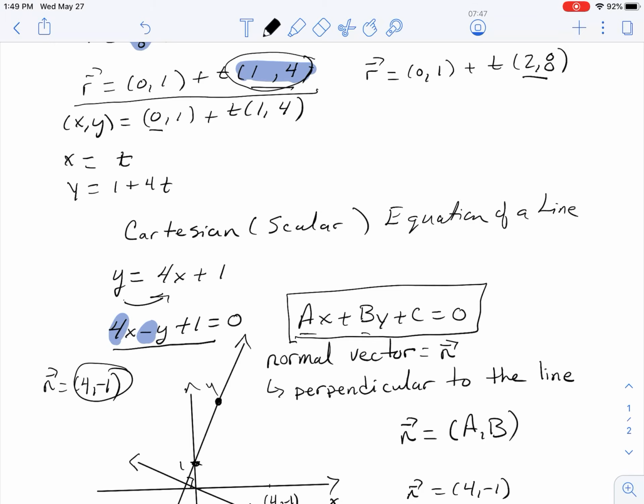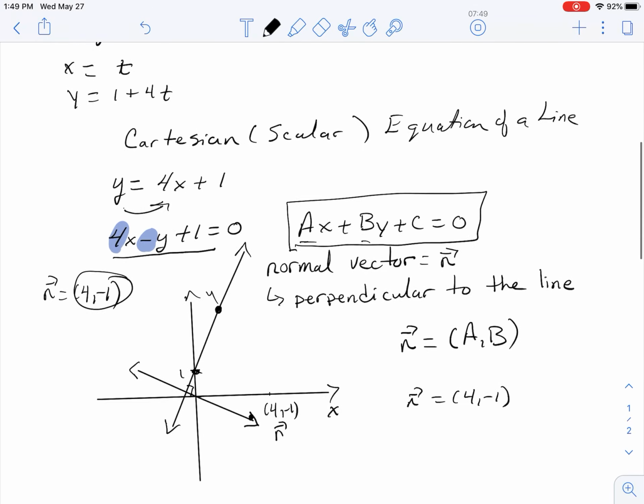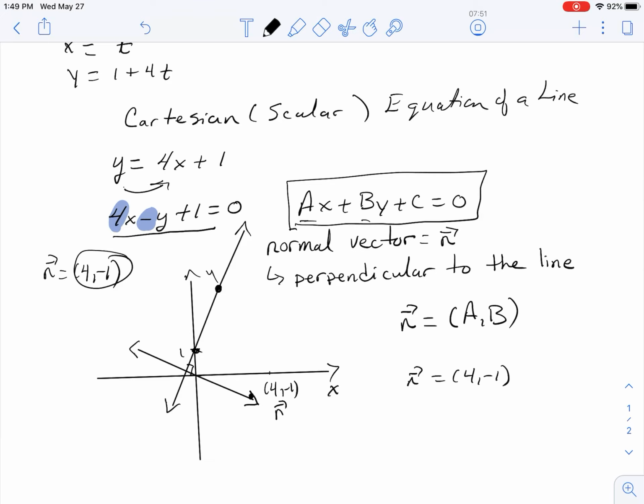The direction vector is the vector that's not perpendicular, but is parallel to the line. The direction vector of that line was 1, 4. So let's do the dot product. 4 times 1 is 4. Negative 1 times 4 is negative 4. So that's 0. That proves that the normal vector, a, b, when it's in Cartesian form, is perpendicular to that line.